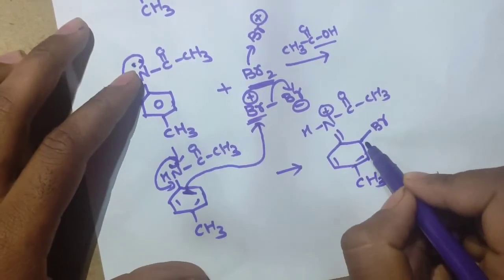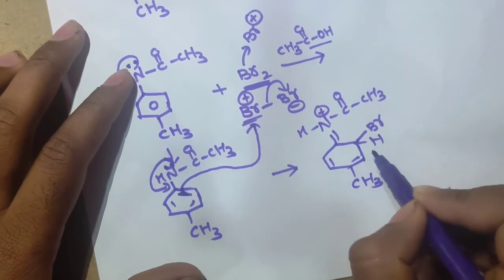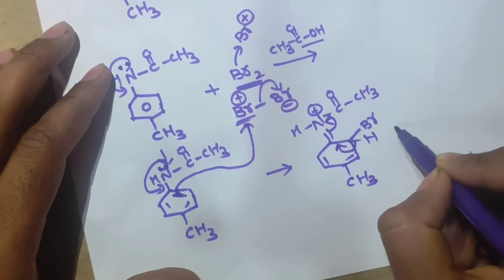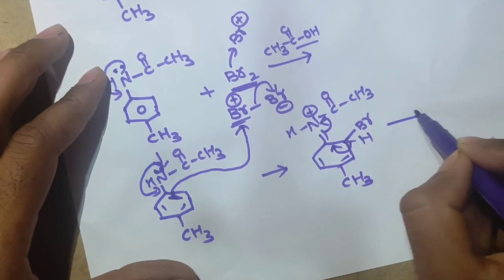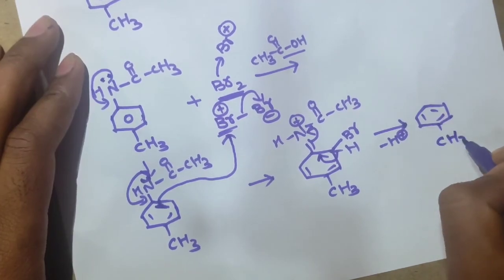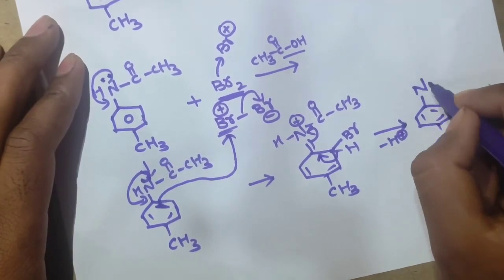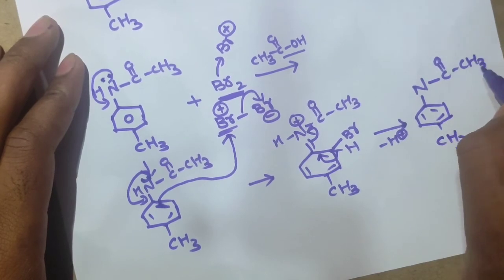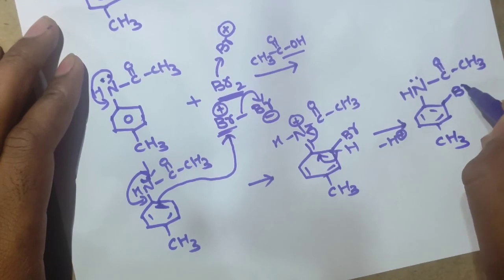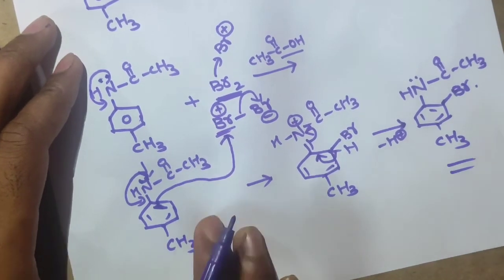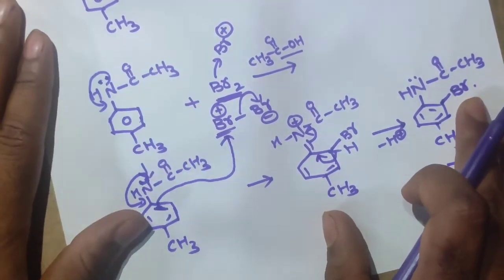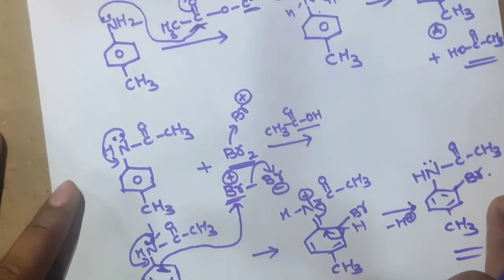And now we have a hydrogen here, so this hydrogen will be eliminated, minus H plus, and we have a product like this. So we have a product like this. So this is how we have to approach this type of reaction sequence in organic chemistry.